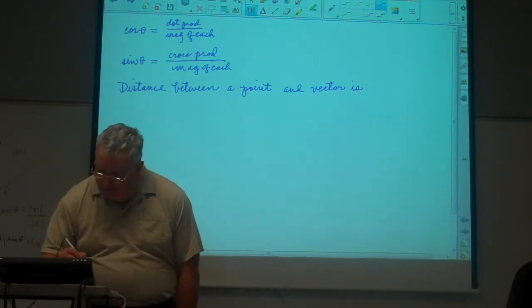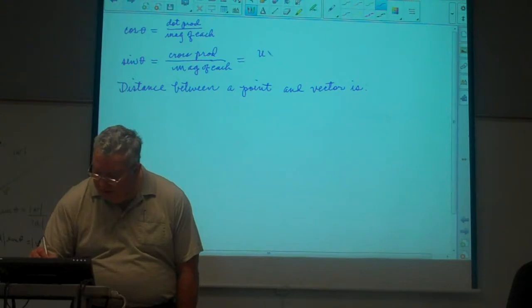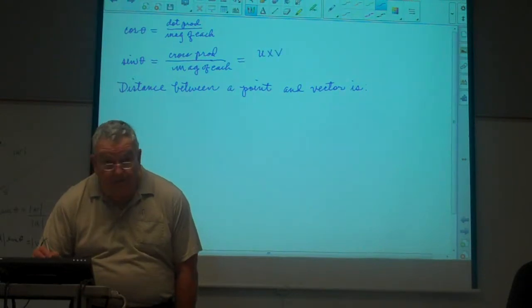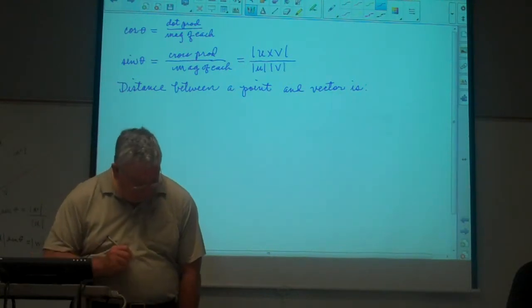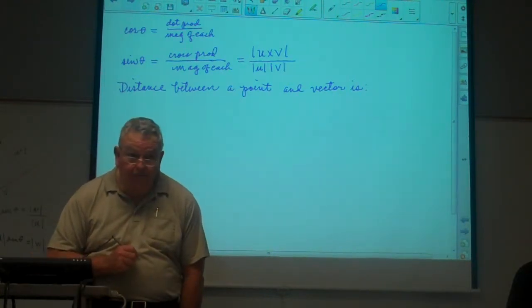Let's see if I can do it. Sine theta is equal to the magnitude of U cross V over the magnitude of U times the magnitude of V. Is that right?